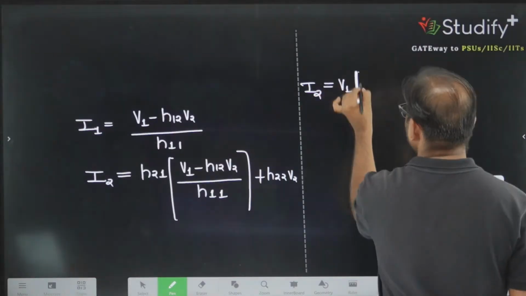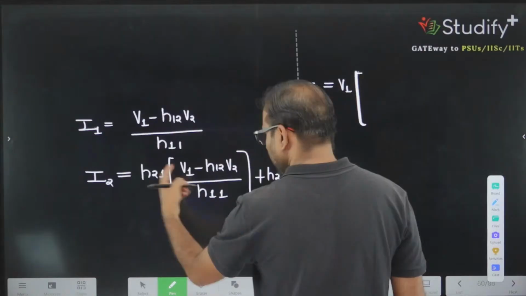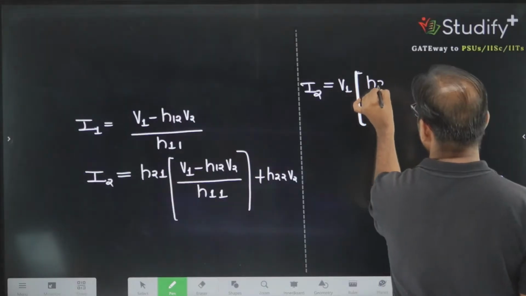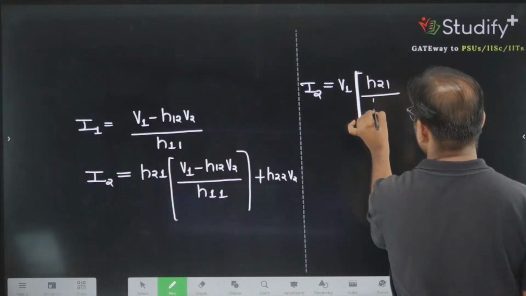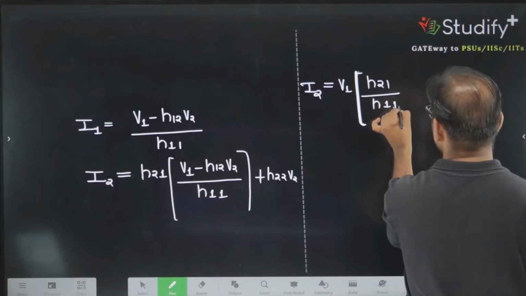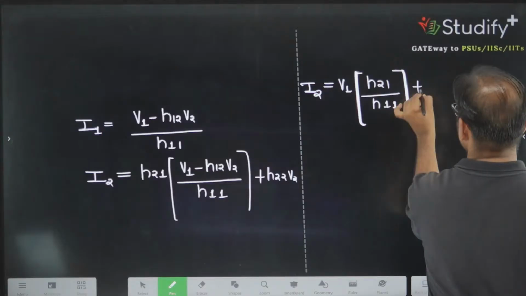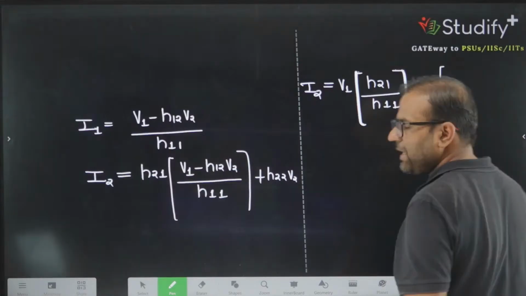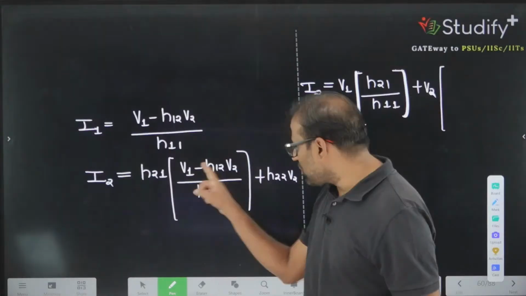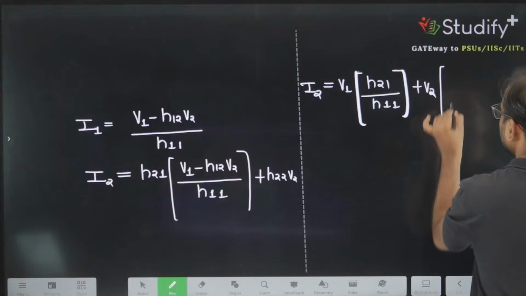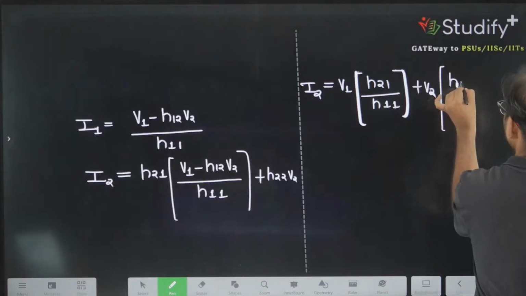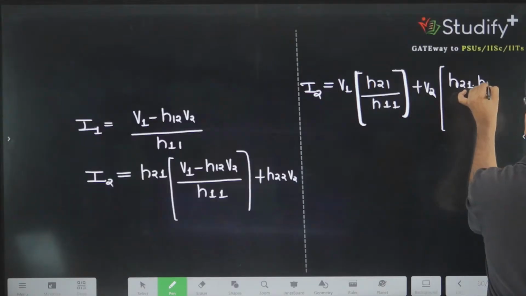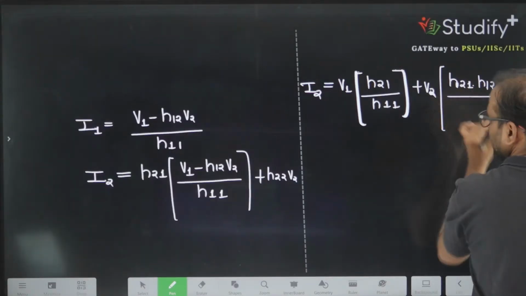V1 times of this, H21 divided by H11, plus we are having V2 times of how much? V2 times of we are having H21 minus H12, H21 into H12 divided by H11.